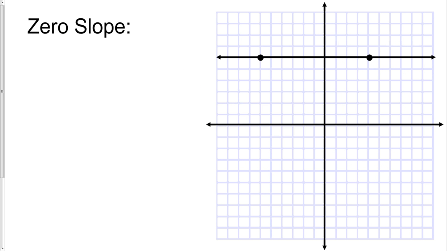Now let's look at our unique types of slope. Here's a zero slope. A line with zero slope is a horizontal line. And the reason why it has zero slope, if you were to look at these 2 points, it has a run of 1, 2, 3, 4, 5, 6, 7, 8, 9, 10.